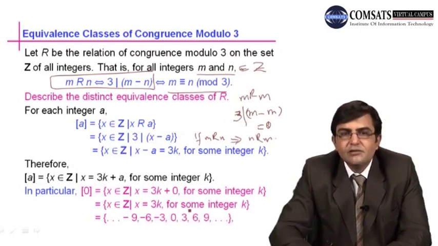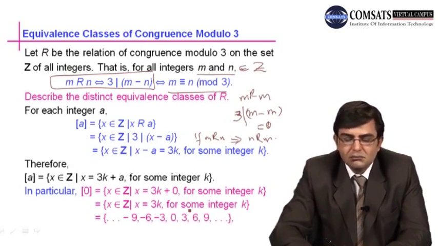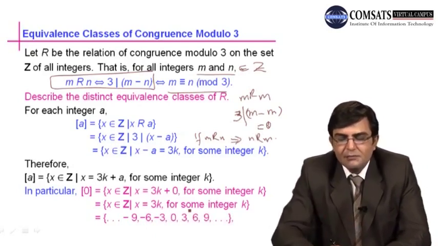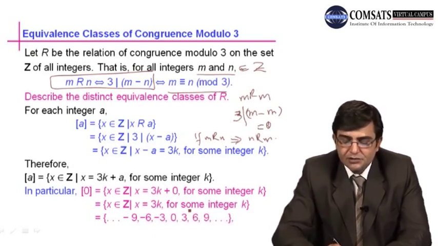This we can easily see: if 3 divides m minus n, then by interchanging the signs, 3 divides minus (m minus n) also. Therefore this relation is symmetric. Similarly, we can prove that this congruence modulo 3 relation is transitive, and then it is an equivalence relation.